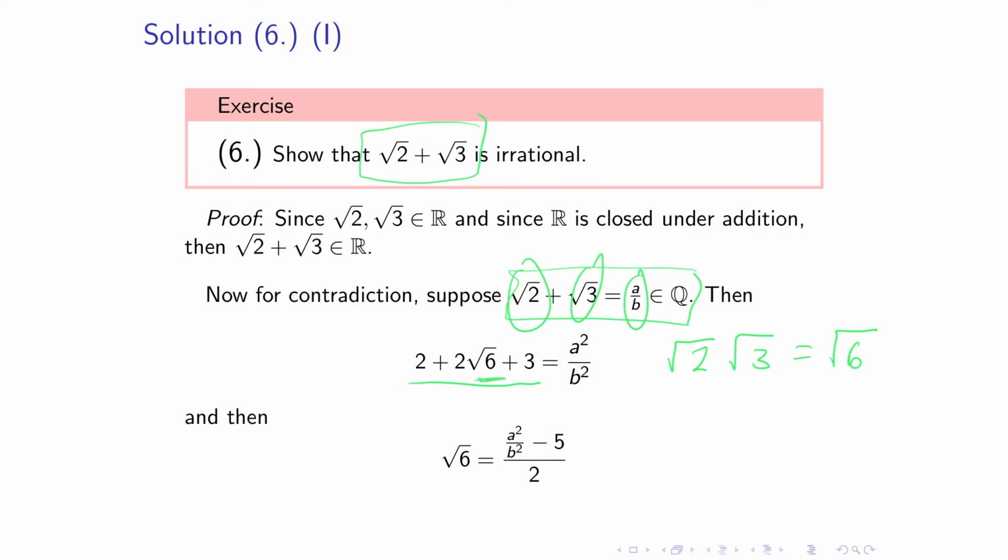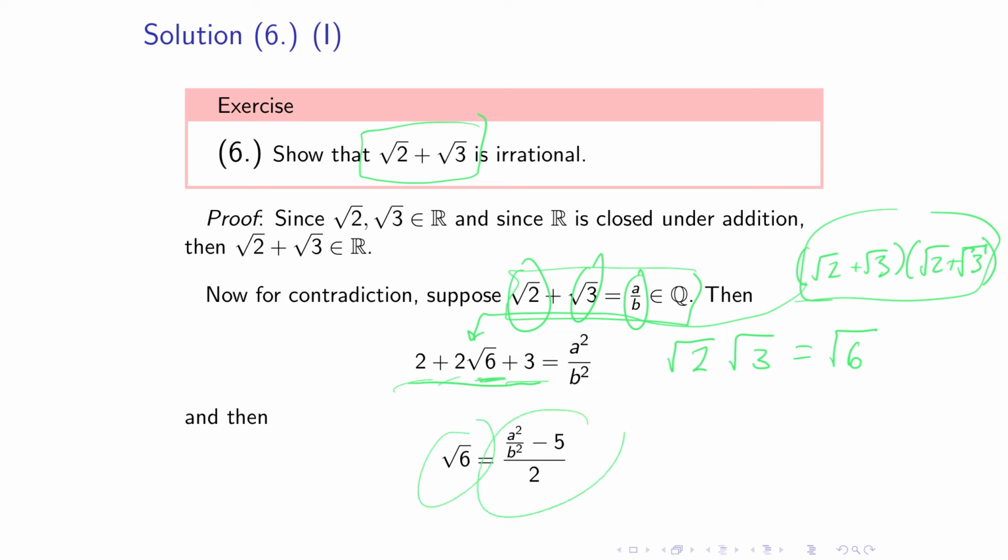Right, that's the result of multiplying out root 2 plus root 3 times root 2 plus root 3. So if that wasn't clear, right after distributing this, you get this result. And so then from here, we can subtract 5 to the other side. Put the 2 and the 3 together, subtract the 5, divide by 2, and we get that root 6 is equal to this thing over here.